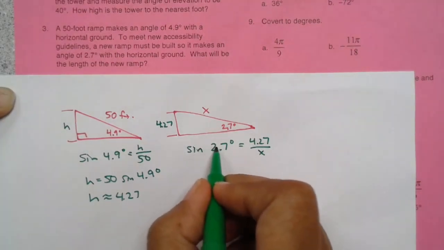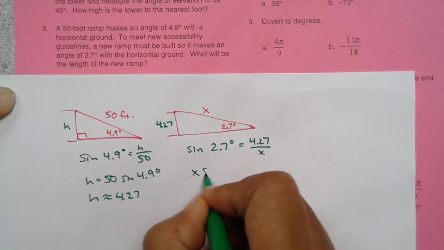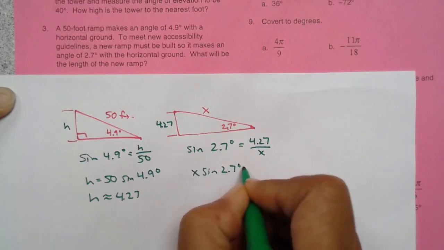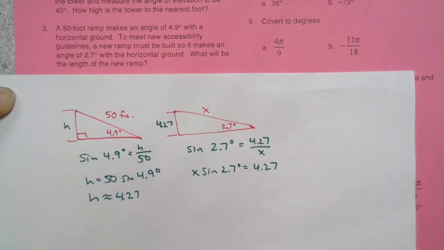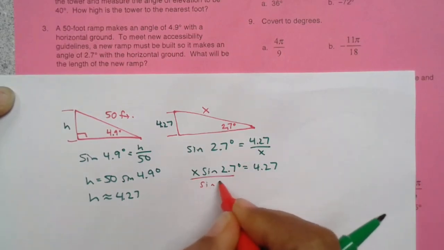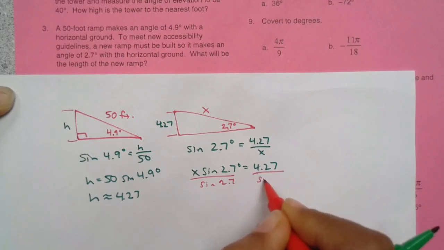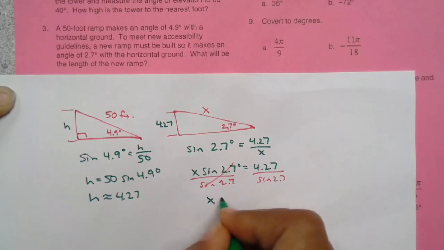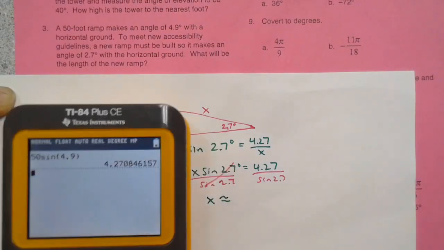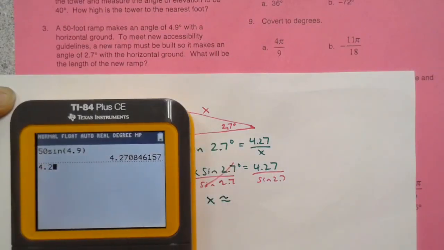So we have sine of 2.7 degrees times x equals 1 times 4.27. You're going to have to divide by sine of 2.7. And then we're going to plug into the calculator 4.27 divided by sine of 2.7.